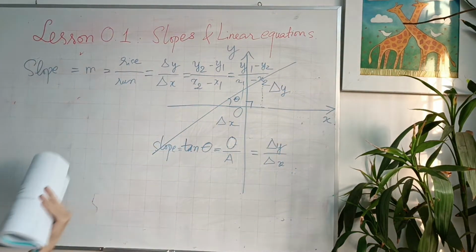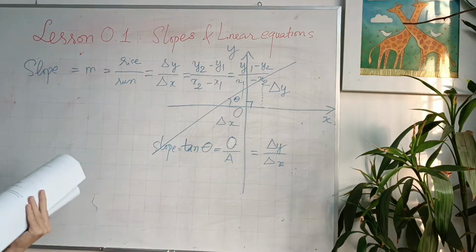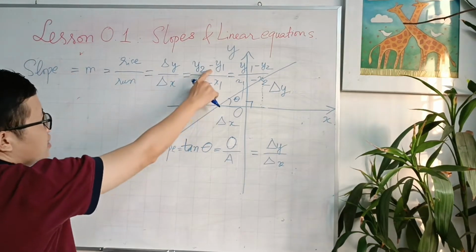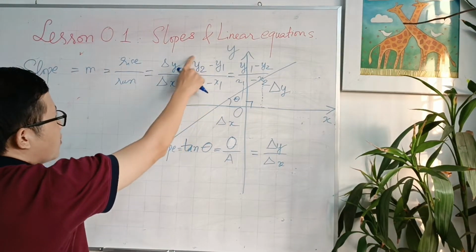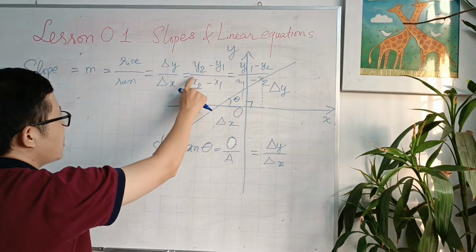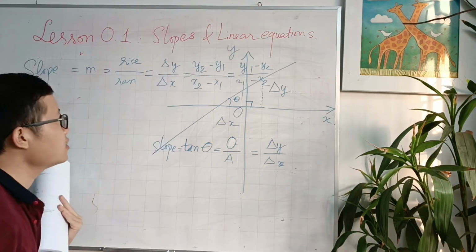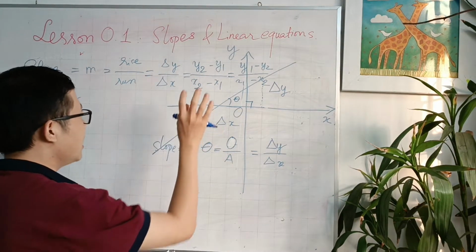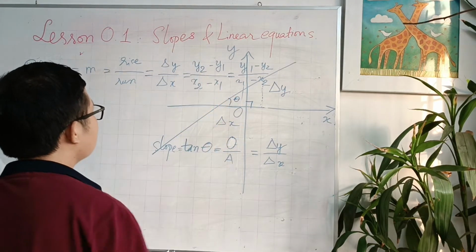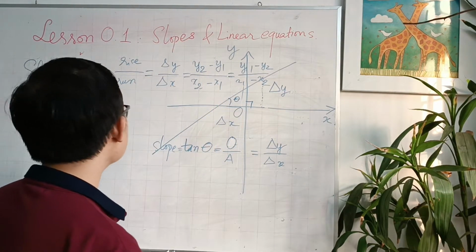Okay, it's easy for you. I want to emphasize that the indices here correspond respectively. So we have y2 and x2 here. Do not change the correspondence of the two variables.